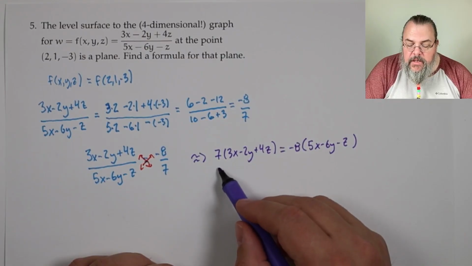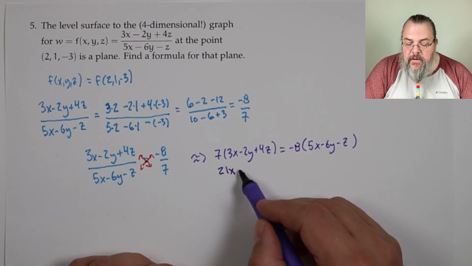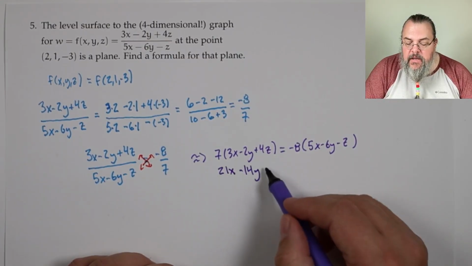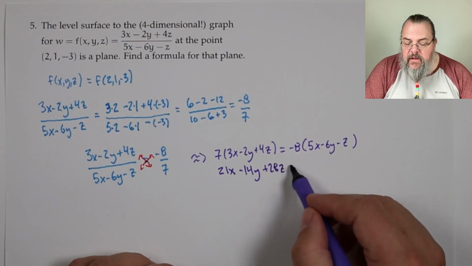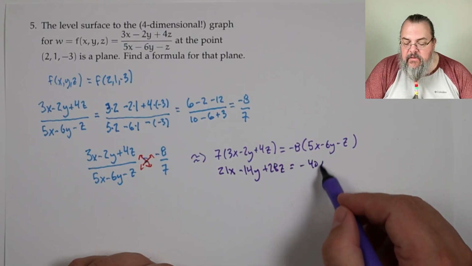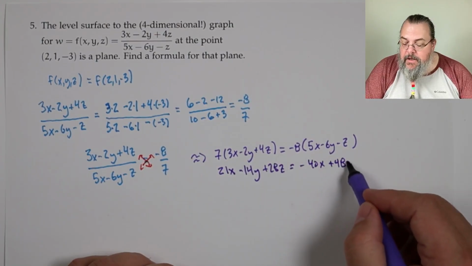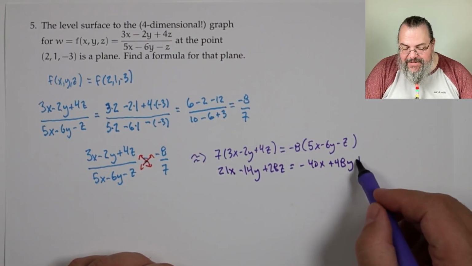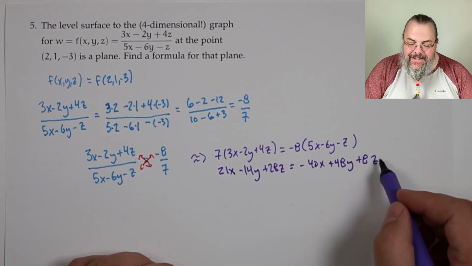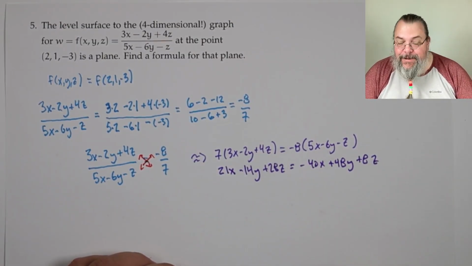Okay, so 21x minus 14y plus 28z is equal to minus 40x plus 48y, okay, plus 8z, right? Yeah, you might get some really fun numbers.